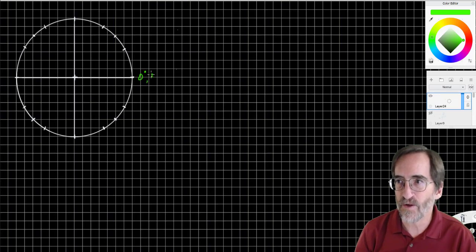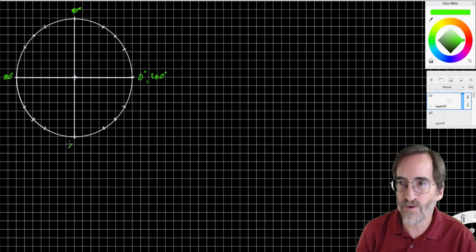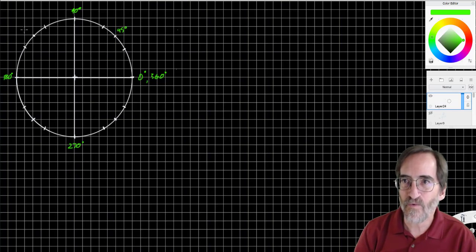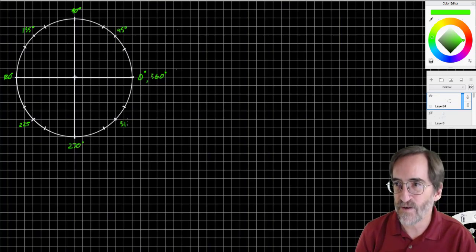0 degrees and 360 degrees is a full circle. 180 degrees is halfway around. 90 degrees is a quarter of the way around. 270, 3/4 of the way around. Half of 90, 45. 90 and 45, 135. 135, 180 and 45 is 225. And 360 less 45 is 315.